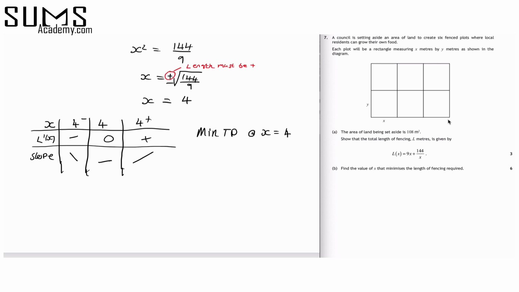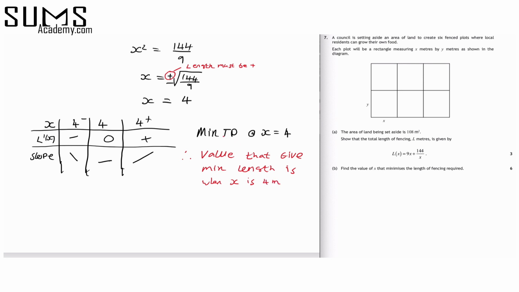So that usually is enough, but if you want to write a statement, to make sure you get all the marks, you have something like this: the value that gives minimum length is when x is 4 meters.